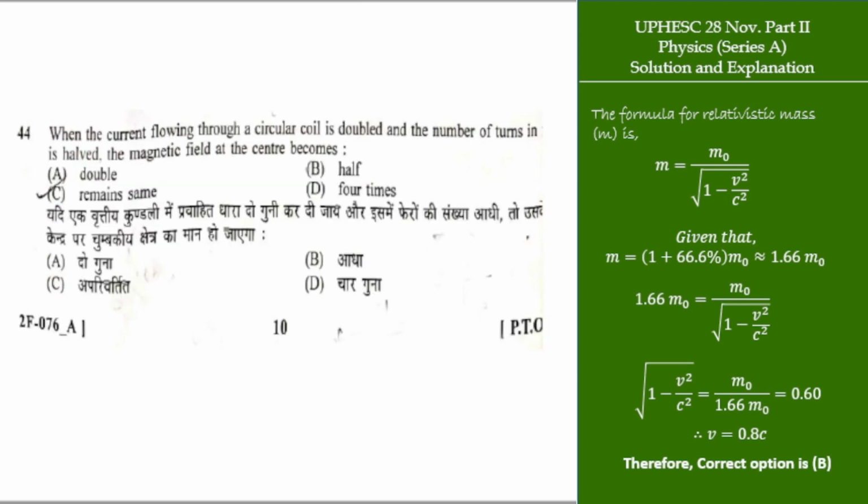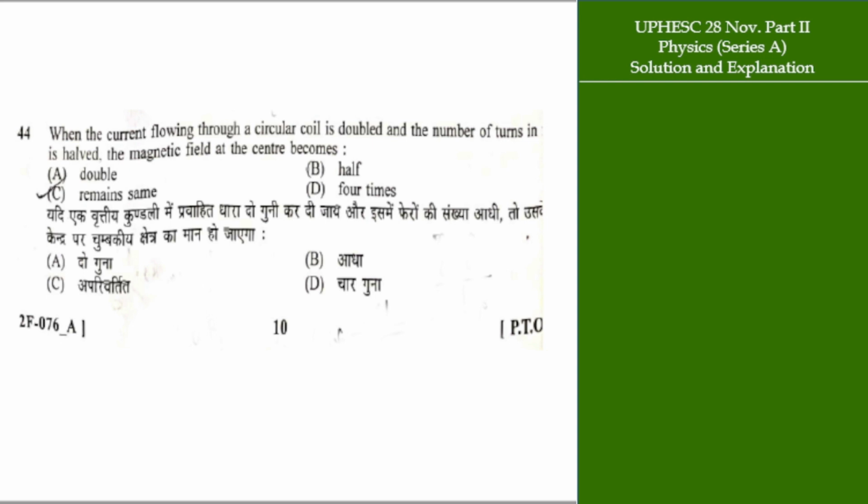Now in the next question, question number 44, they have asked about when the current flowing through a circular coil is doubled and the number of turns is halved, what the magnetic field at the center becomes. So they are asking about the magnetic field at the center of a circular coil whose number of turns is reduced by half and the current value is doubled.